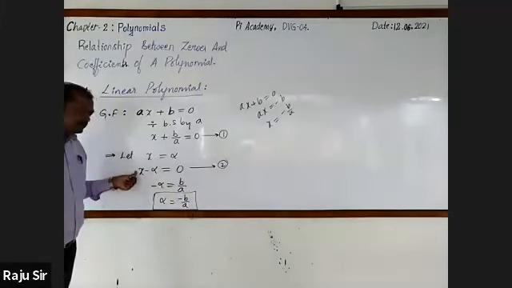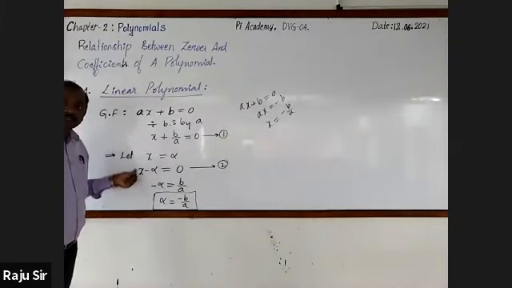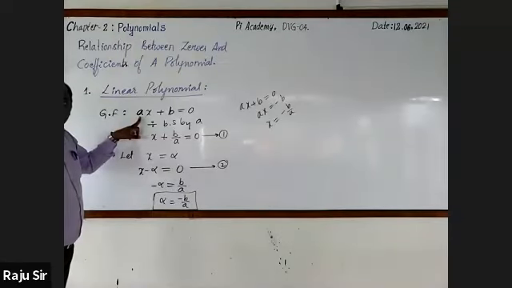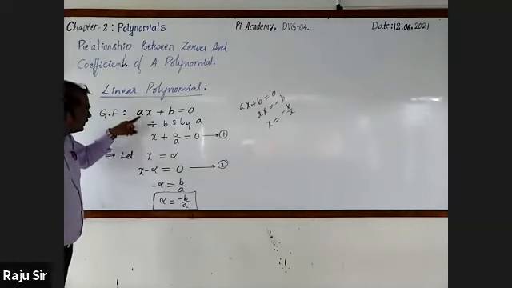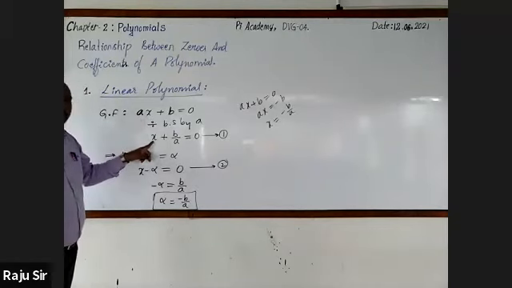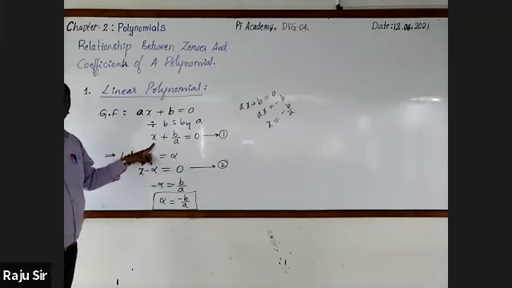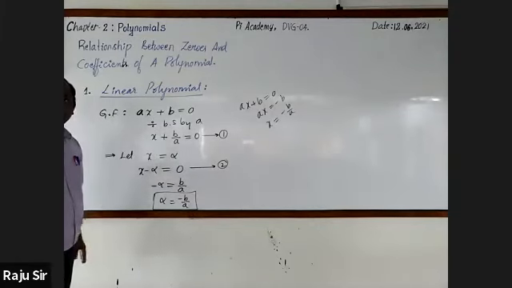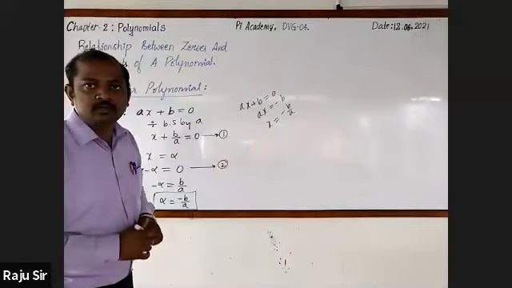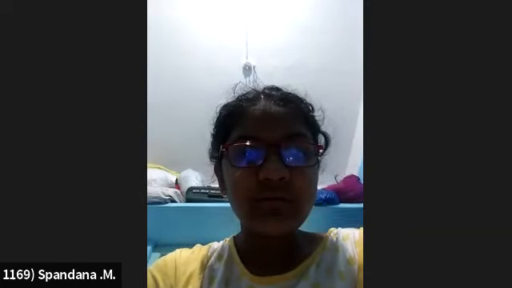What is the coefficient of x here? It is 1. If I want to compare, here also there must be coefficient 1. To get that coefficient 1, we go for dividing both sides by a. Understood? Okay. Any doubt?